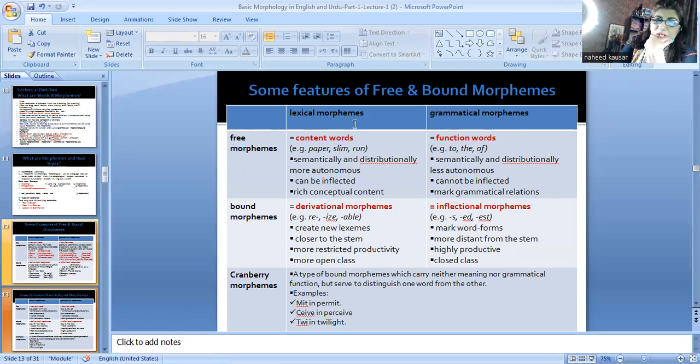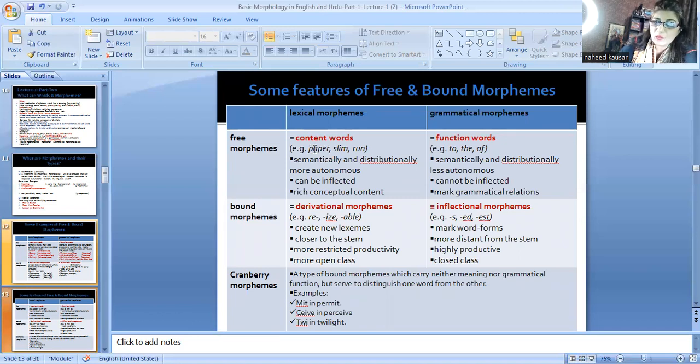If you look into this column, you would see that they can be inflected. When we say that they can be inflected, it means that out of those eight inflections in English, those inflectional morphemes are used. Here I have given the examples of paper, slim, and run. Okay, fine.